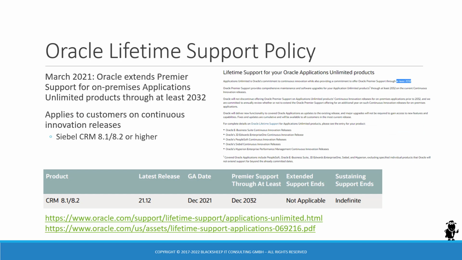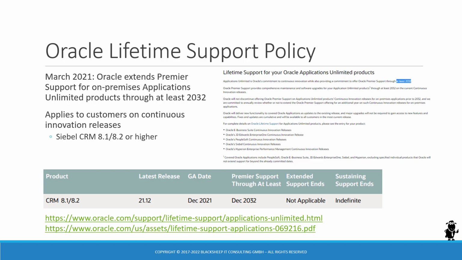Another piece of information available on the public internet, if you follow the links below, is the Oracle Lifetime Support Policy. Now, this is a very important document that provides information for customers of Oracle Applications Unlimited products.